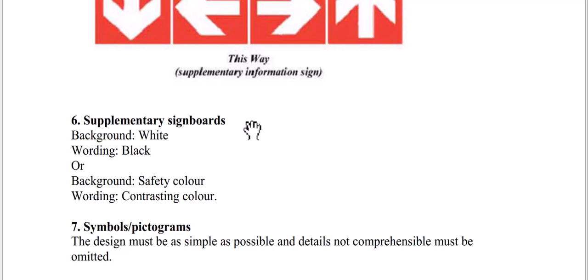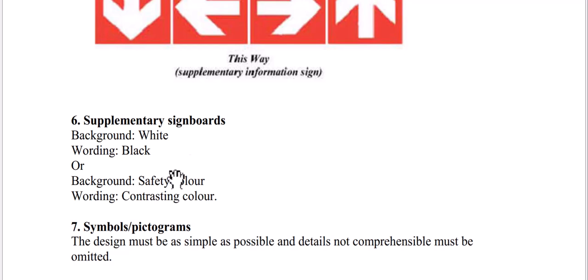So it is supplementary, but it's providing some information on the fire issue. So it can have a background which is red, meaning it is out of those standard symbols and designs concerning fire, but it is also reporting issues regarding fire.